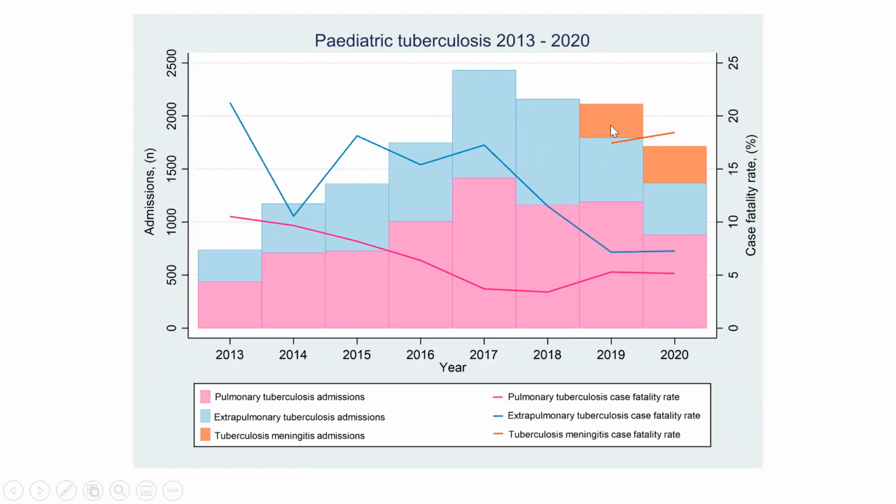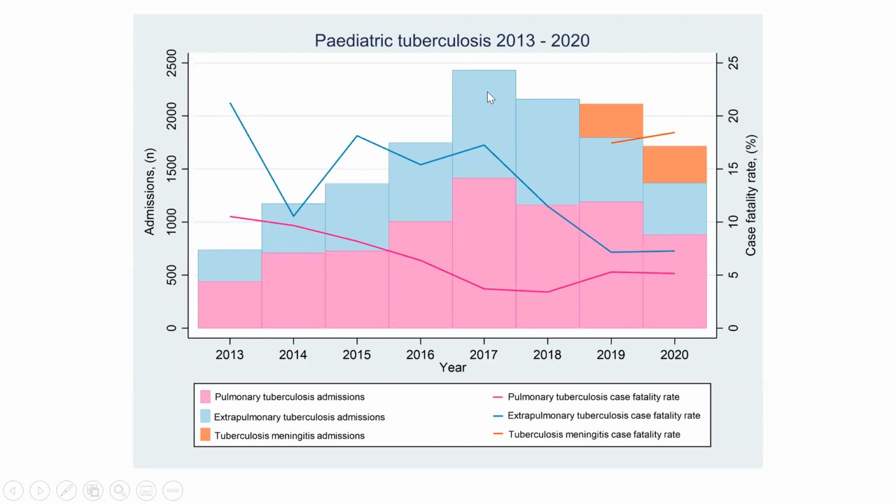And in the last 2 years, because of the change to using version 12.1 for some hospitals, we've divided it up further because we wanted to incorporate TB meningitis, because I think increasingly the mortality that we see are in children who've got complicated extrapulmonary TB, particularly TB meningitis. And so I've divided it up in this graph. So that's why the orange is only in 2019 and 2020. But in the previous years, the orange, TB meningitis, is incorporated into the extrapulmonary TB, so into the blue.